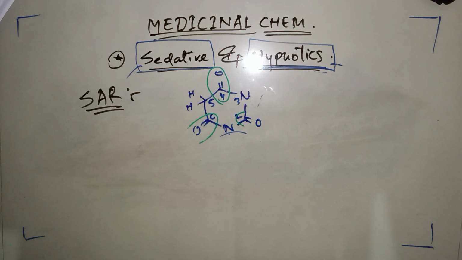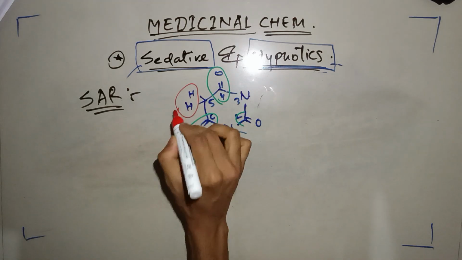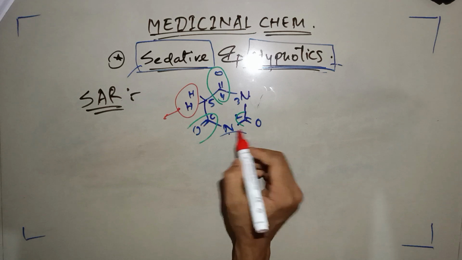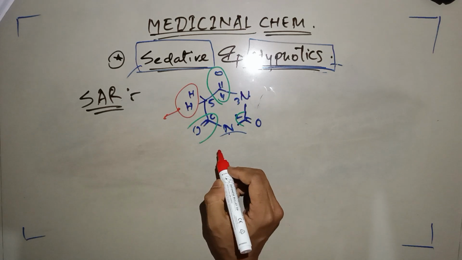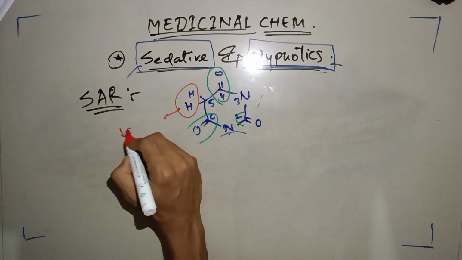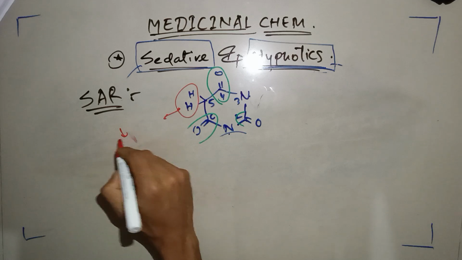If we replace these two hydrogens with alkyl group or any other group, then what can happen? If the two hydrogen atoms are present at the fifth position, then those compounds have less pharmacological activity. Because of the presence of these two hydrogens, the complete structure will show less pharmacological activity.